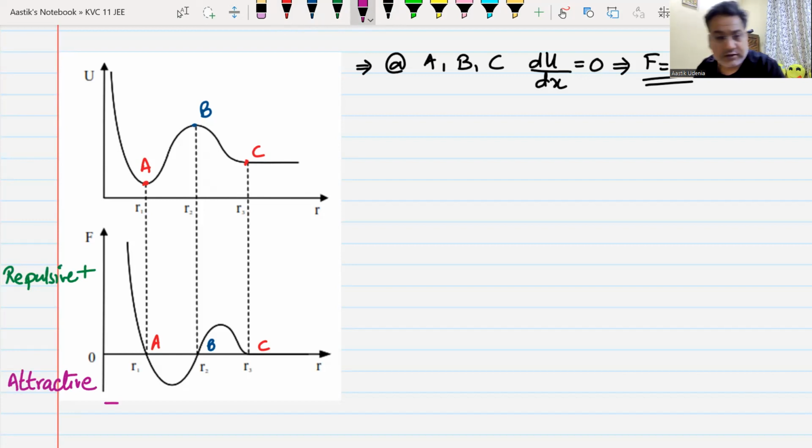Now, when is the force repulsive and when is the force attractive? Can anyone make me understand that?